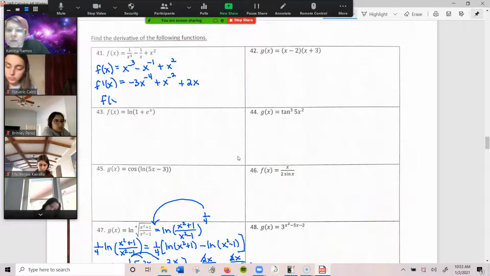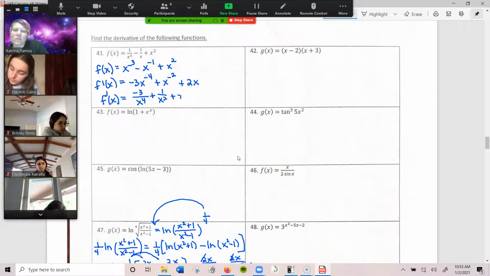Anything that has a negative exponent goes down to the denominator. So f prime of x is going to equal negative 3 over x to the fourth. Only the x goes down to the denominator because only the x has the negative exponent, but the numbers stay in the numerator. Plus 1 over x squared plus 2x. And this would be your final answer.